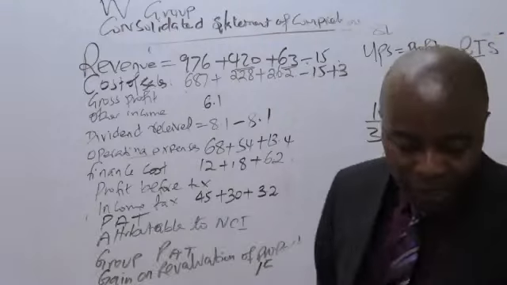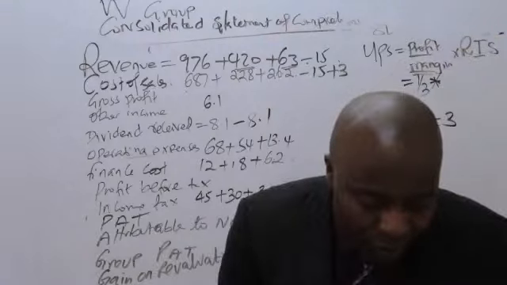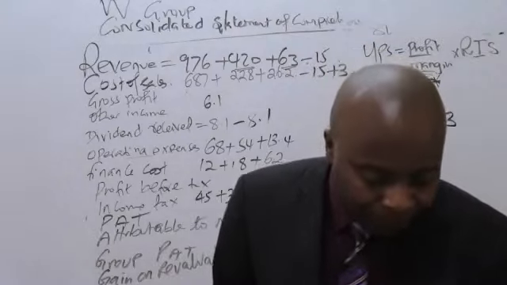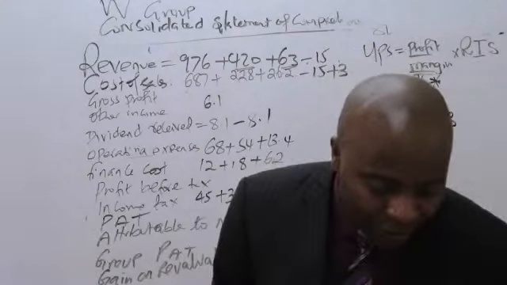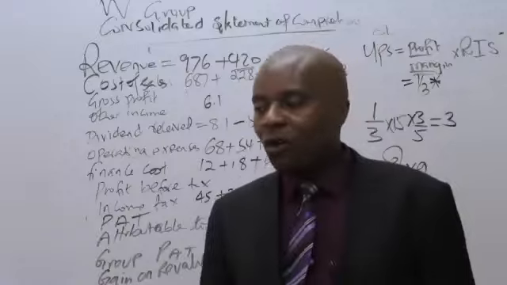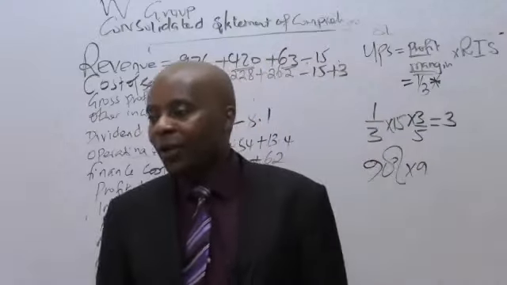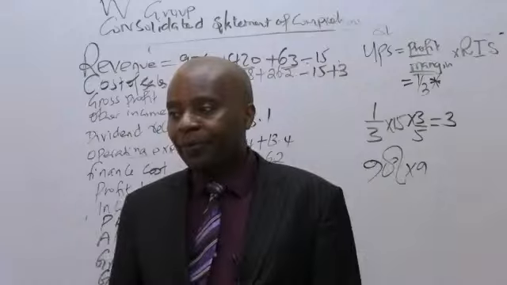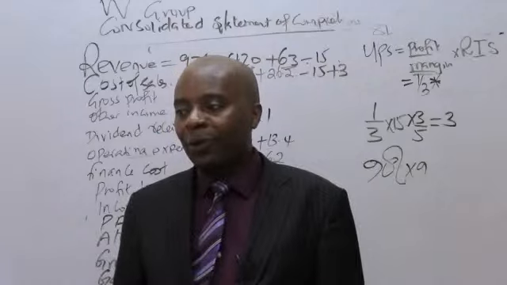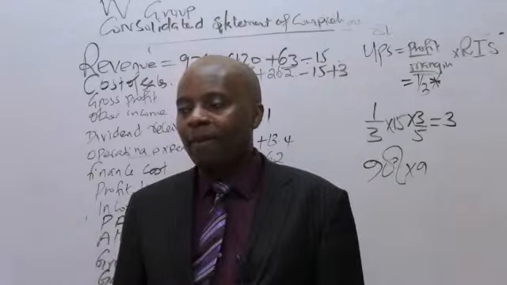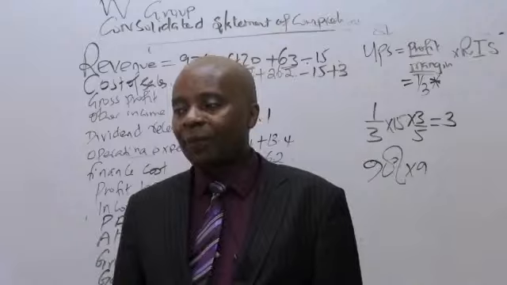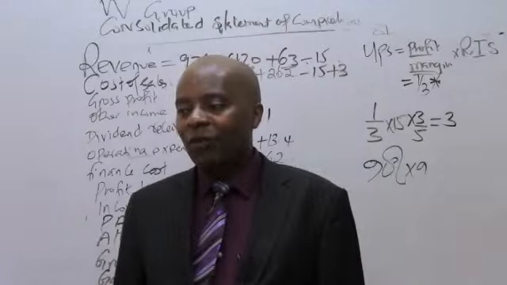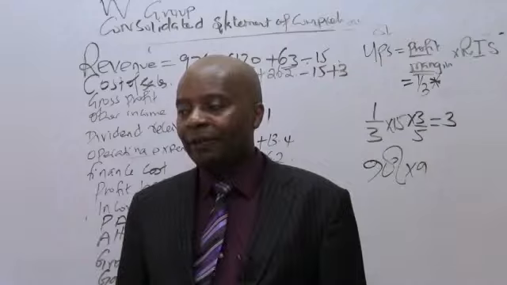Remember, we are told in note number 5 that F declared an interim dividend of 9 million. So are you able to see how I got the 8.1? Because 90% of 9 is 8.1.